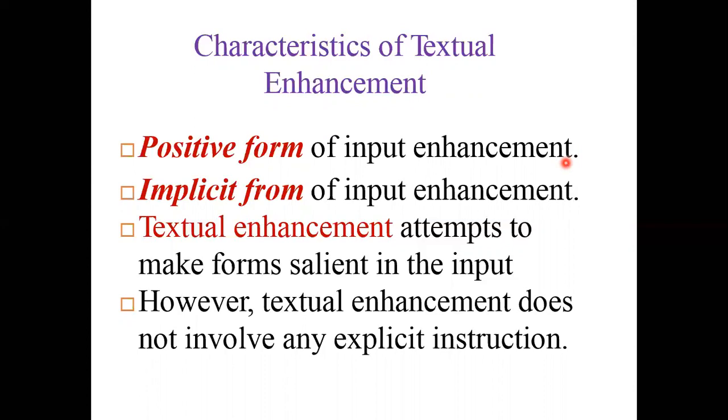This is what you call positive form, very direct and explicit. For an implicit form of input enhancement, the focus is on the meaning, but students learn the form, the grammar, by themselves.